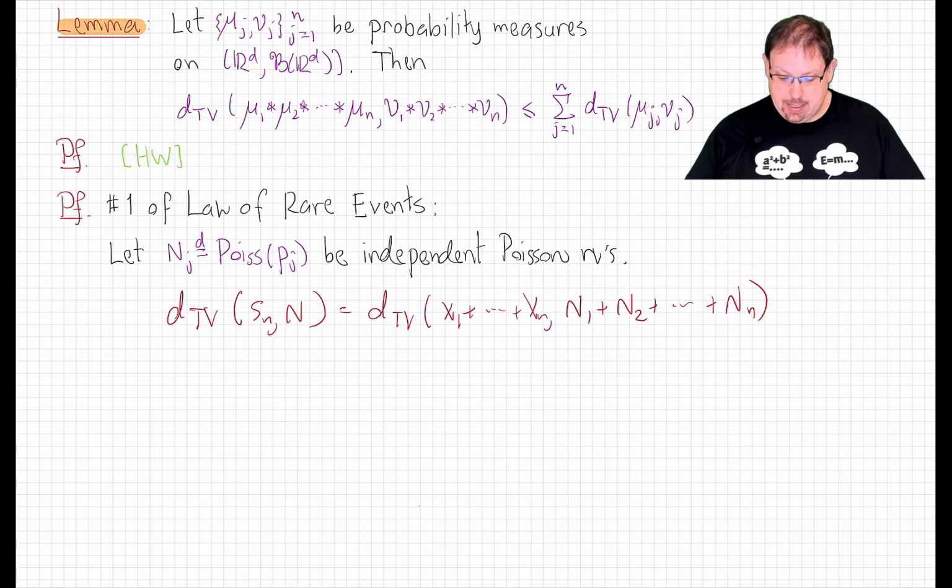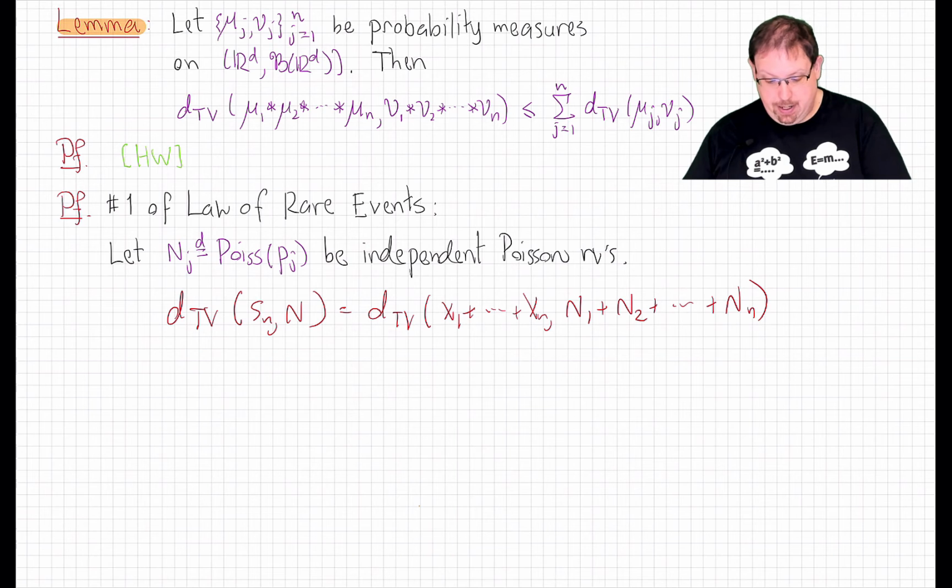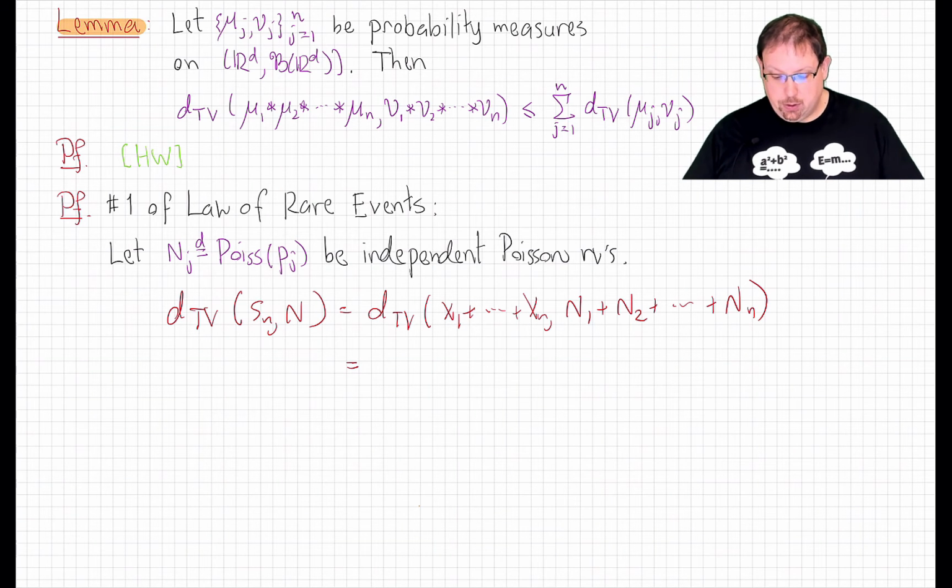Well, the X's and the N's are all independent, and so the law of X1 through Xn summed is the convolution of the laws of the X's. The law of N1 through Nn summed is the convolution of their laws.